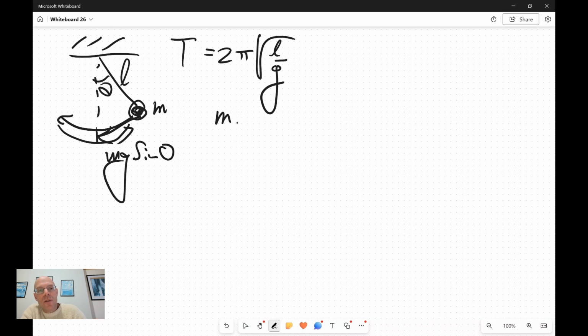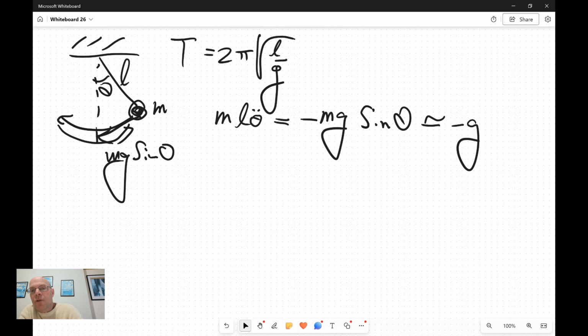The acceleration is L times theta double dot, the angular acceleration, equals minus mg sine theta. For small angles, we can write minus mg theta. So we found the following equation.